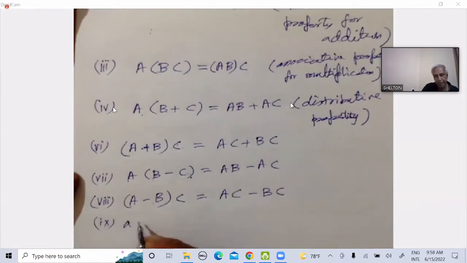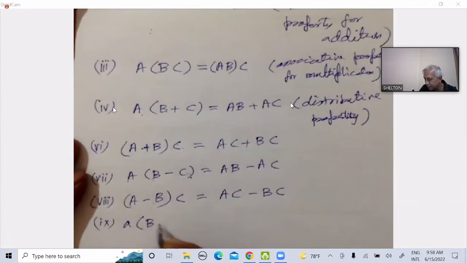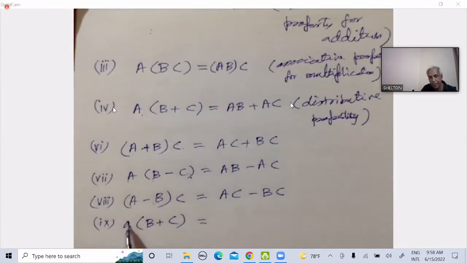Simple: A times (B plus C), where this A is a scalar, a simple letter used. Simple letters are scalars, capital letters are matrices in this. So this is equal to A times B plus A times C. That is property 9.